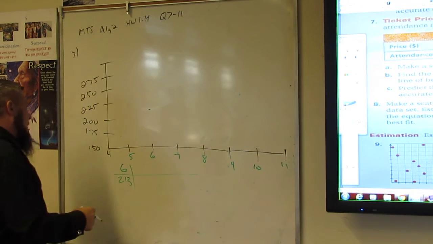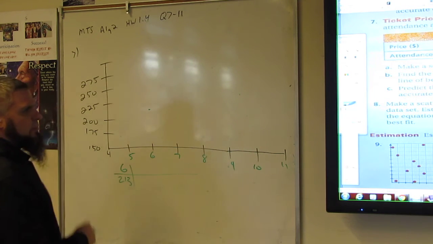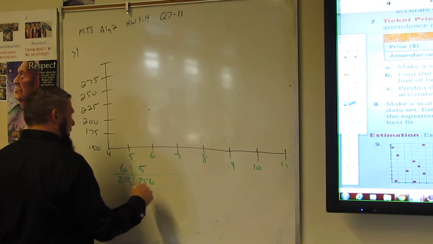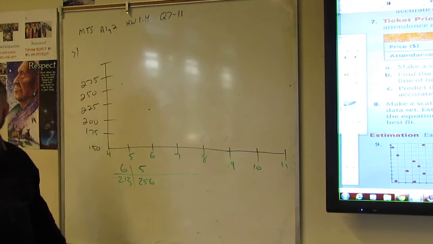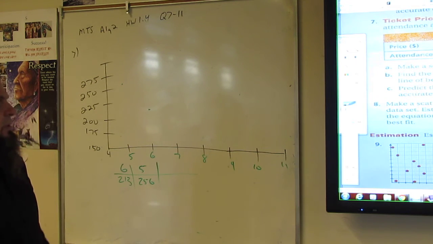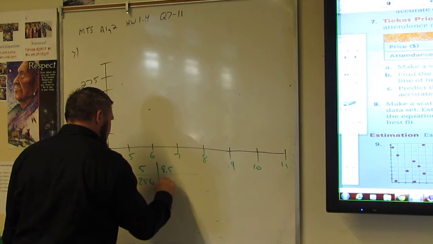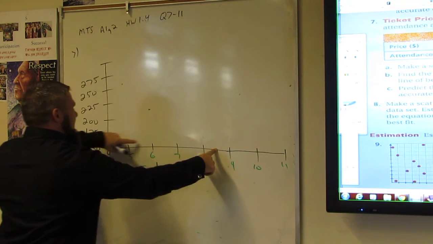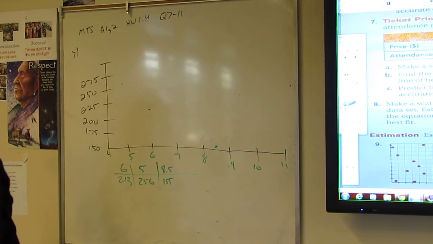Okay, and then I've got 5 and 256. So I go to 5 and 250 and a little bit more. Bam. And then what's the next one? 8.5 and 155. So I go to 8.5 and 155. 155 is pretty low. It's just a little bit above it. Does that make sense?